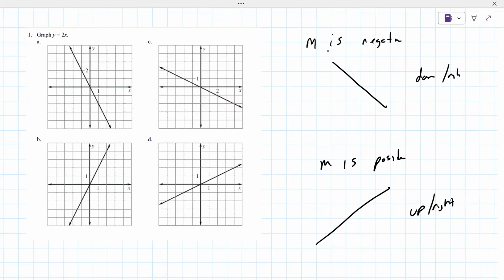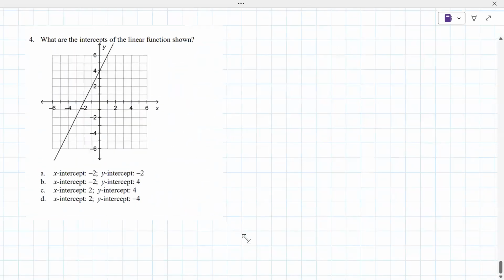Oh, would it be B? It is B, yes. Okay, doing great. Let's do a few more here. Multiple choice kind of is easier to do than all the free response. You just have to sort of look at them.